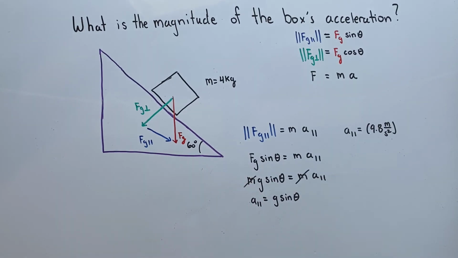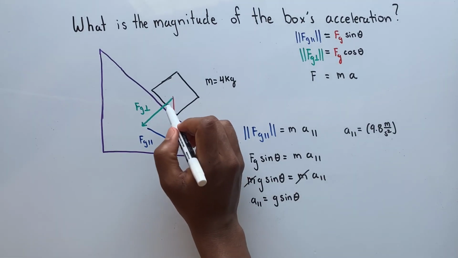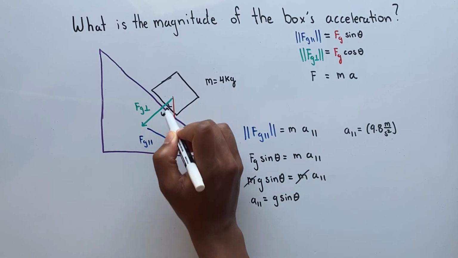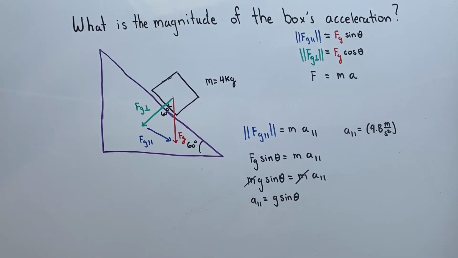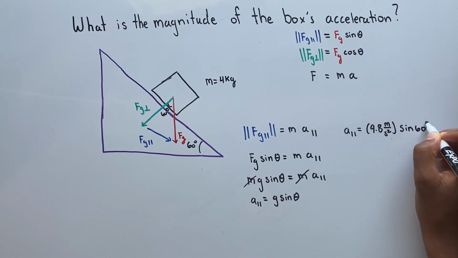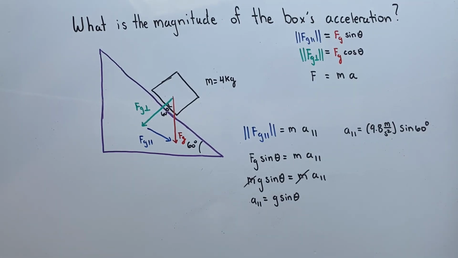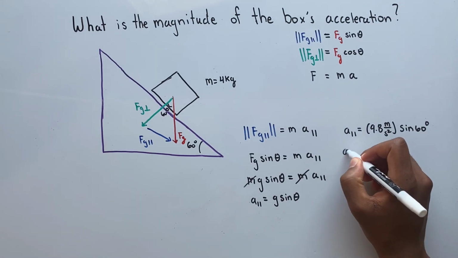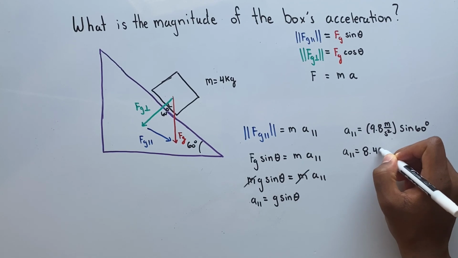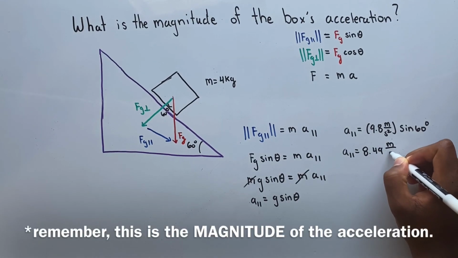But remember, the angle that we're referring to is this angle over here, which is 60 degrees. So we multiply our gravity by sine of 60 degrees to get that the acceleration in the parallel direction equals 8.49 meters per second squared.